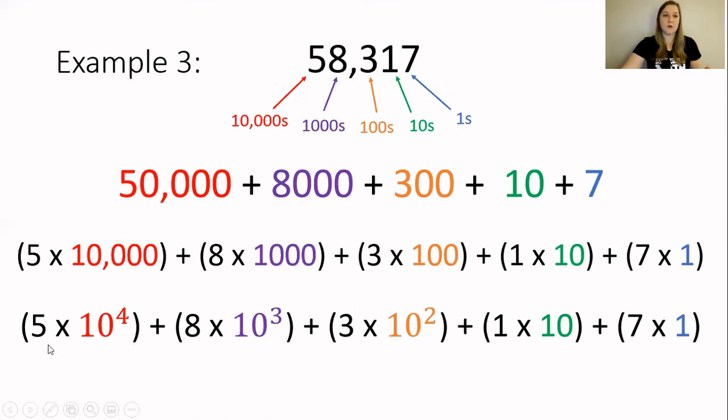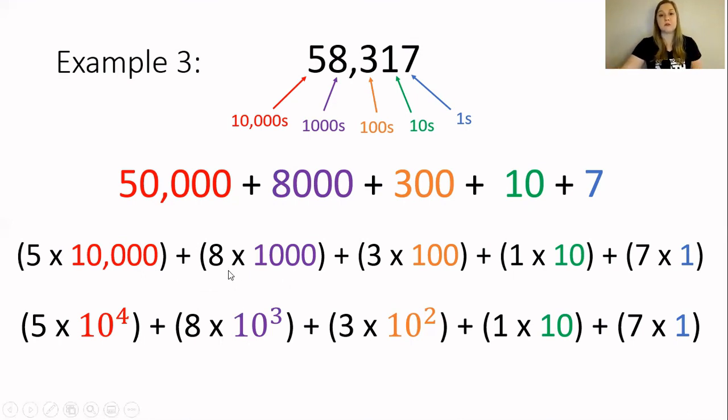So 10,000 can be expressed as 10 to the 4 because 10 times 10 times 10 times 10 is equal to 10,000. But if you actually look here, the exponent 4, how many zeros do we have in 10,000? 1, 2, 3, 4. So a trick to remember is do your base 10 and then write the exponent as however many zeros exist in the number.